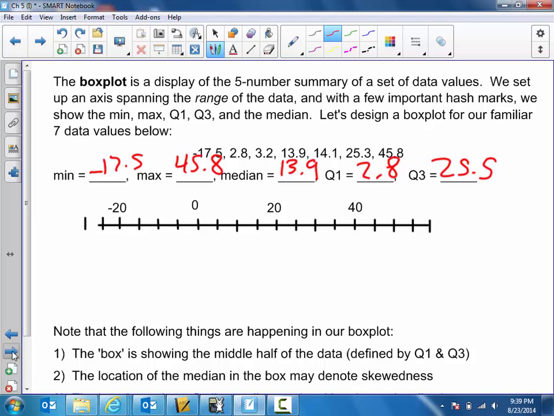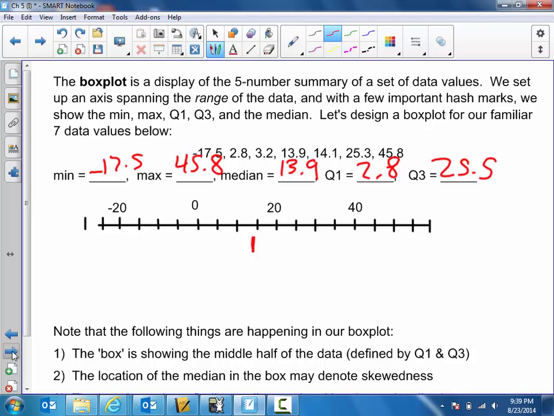Well, first thing you do is you report the median with a little hash mark here, and that is going to be at 13.9. So these hash marks are separated, the span from 0 to 20, we've got 4 hash marks to go from the 0 to the 20. So we're separated by 5s. 13.9 is going to be just past halfway between 10 and 15. So right about here. That represents the median.